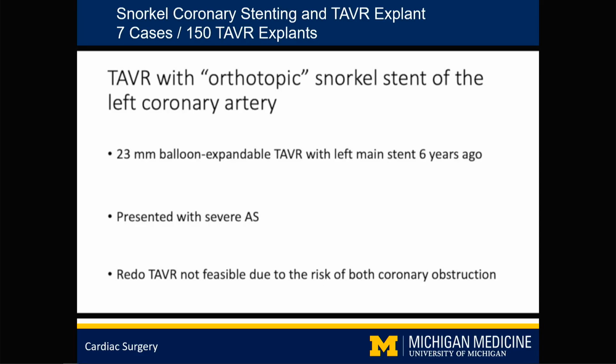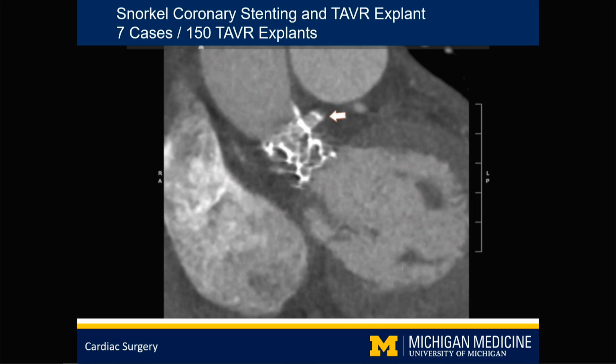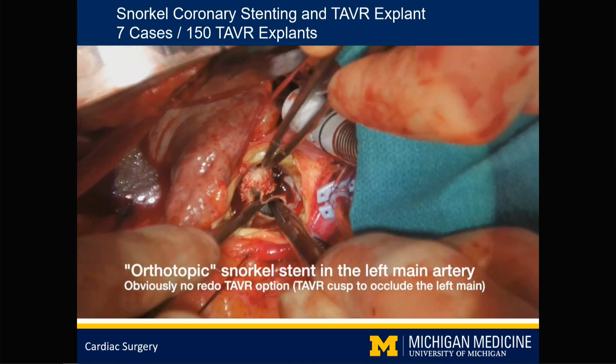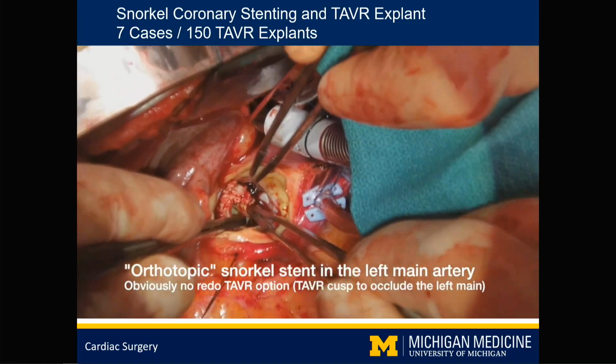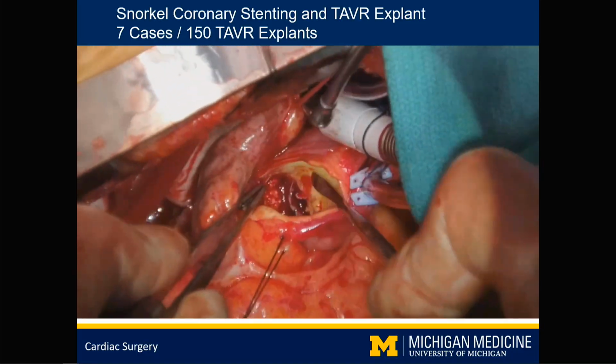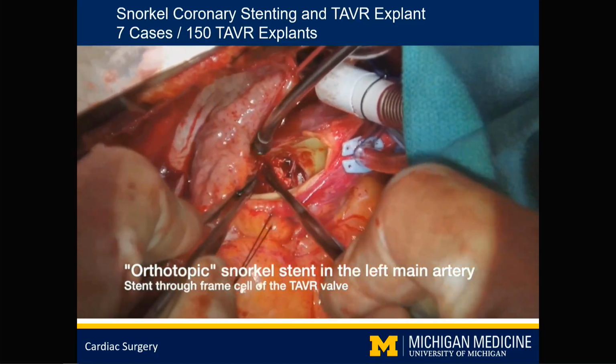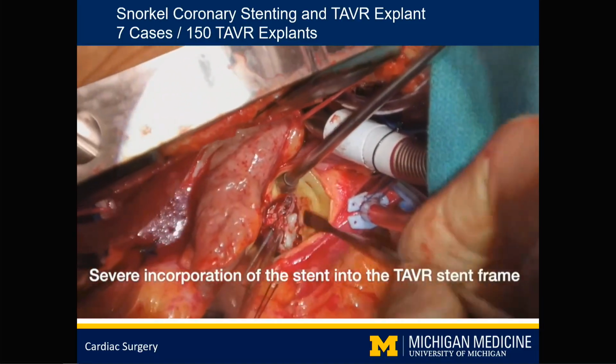Since this is a multidisciplinary conference, I want to share some of the experience. When we do TAVR explant and there are snorkel stents in the coronary, this is probably what makes TAVR explant very difficult. As you can see, those snorkel stents sticking outside the coronary ostia are really adherent.